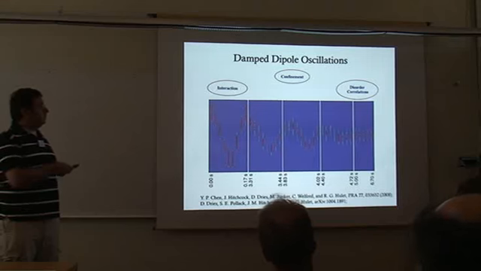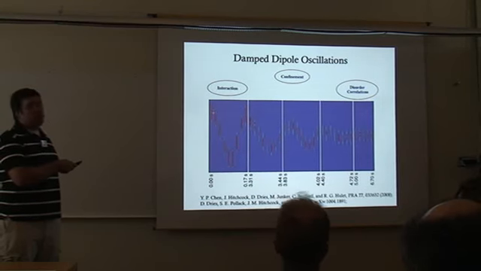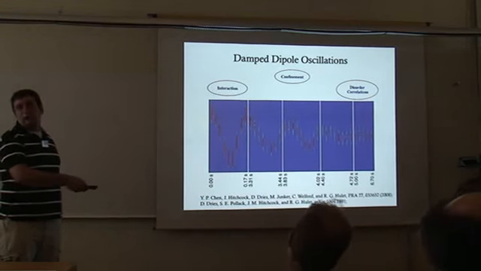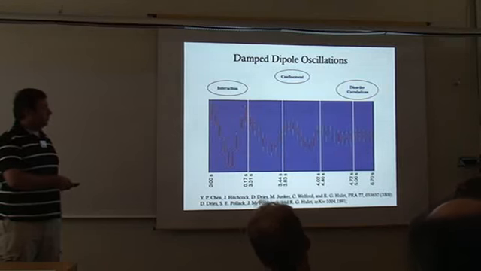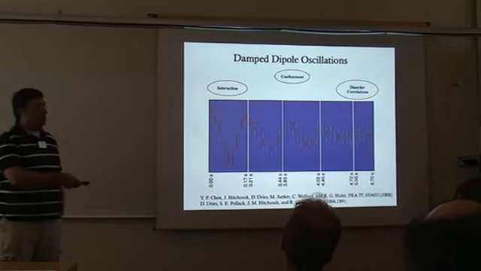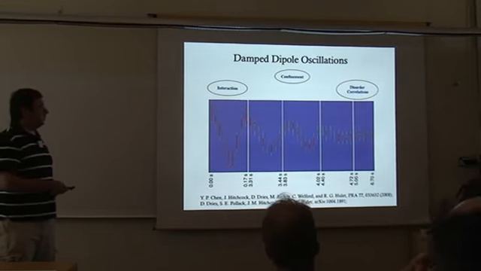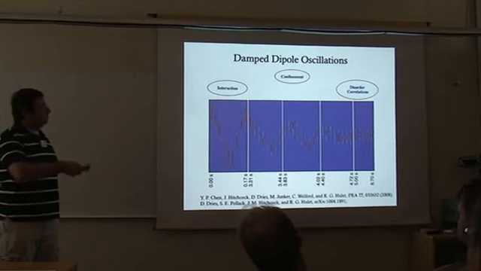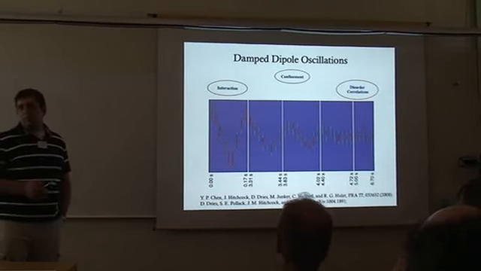This is basically the center of mass coordinate of the cloud as a function of time, from 0 to 6.7 seconds. And then one sees some kind of nonlinear damping of this mode.